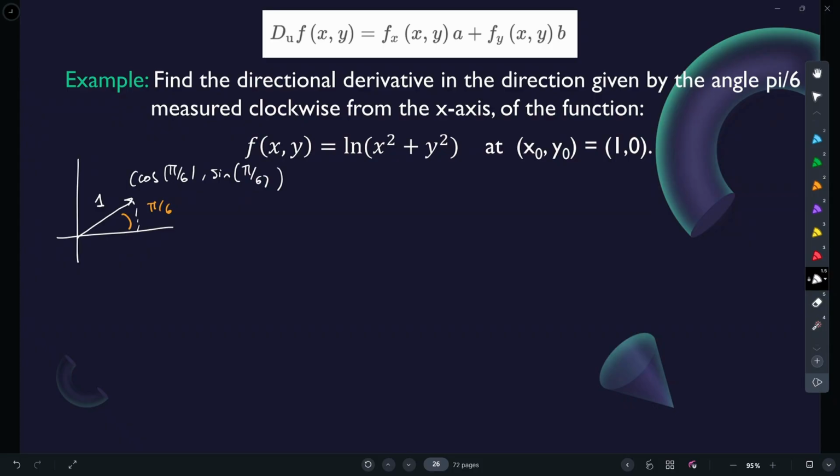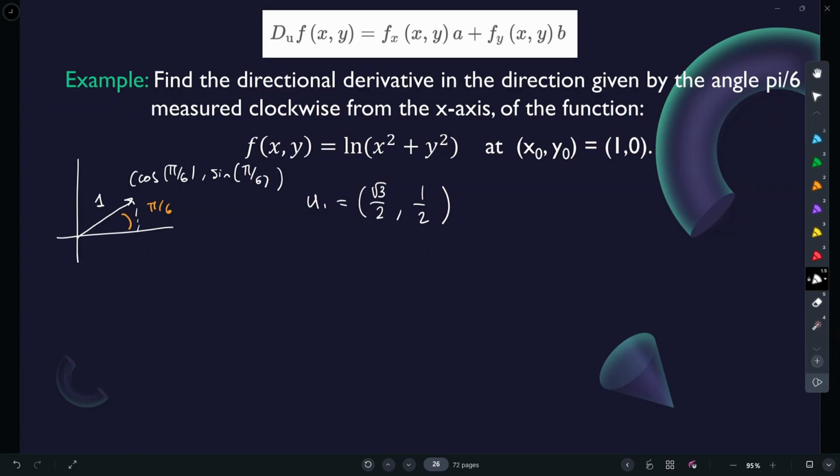Since the sine of pi over 6 is a half, the vector that I want is cosine of pi over 6, which is the square root of 3 over 2, comma, the sine of pi over 6, which is 1 over 2.